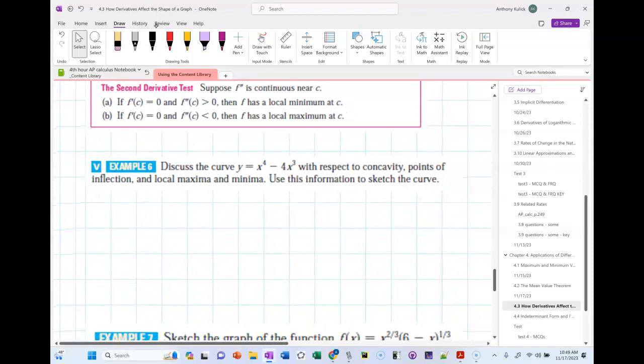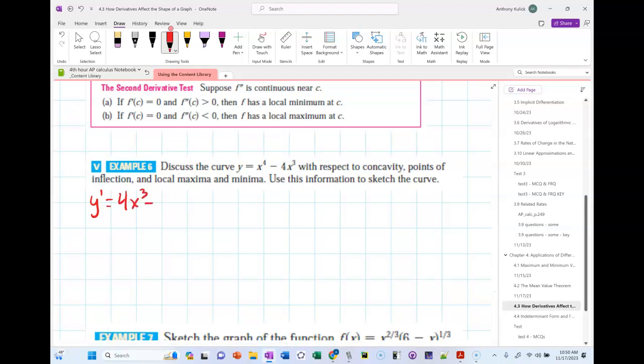So it says here, discuss the curve y equals x to the fourth minus 4x cubed with respect to concavity, points of inflection, local min and max. I'm not going to sketch afterwards. So if I want to do extrema, I'm going to start by taking the derivative.